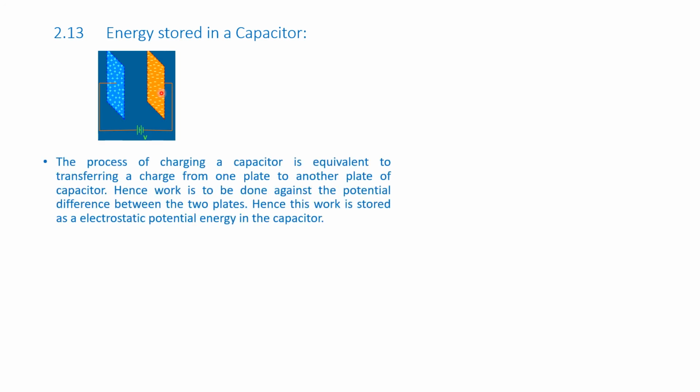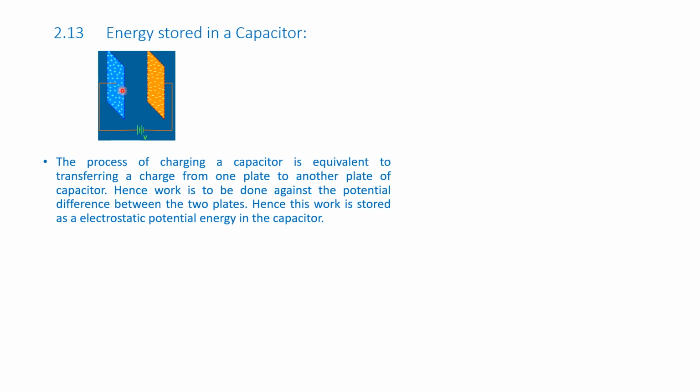The process of charging a capacitor is equivalent to transferring a charge from one plate to another plate of the capacitor. So, the charging means we are transferring positive charge from one plate to another plate or negative charge from right plate to the left plate.